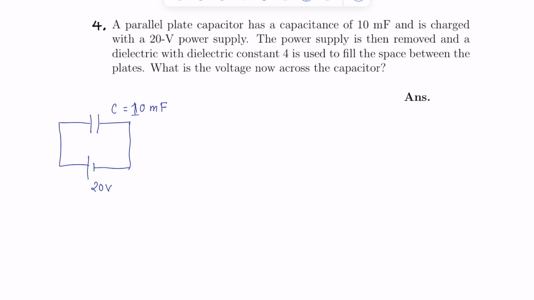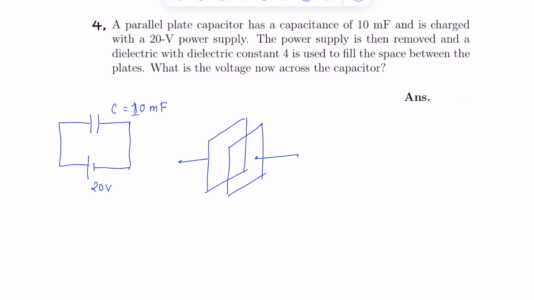Let's say you have a parallel plate capacitor, so literally I've drawn two plates, one terminal here, the other terminal here. A dielectric is any material, first of all, that is an insulator, and its job is to decrease the potential difference.